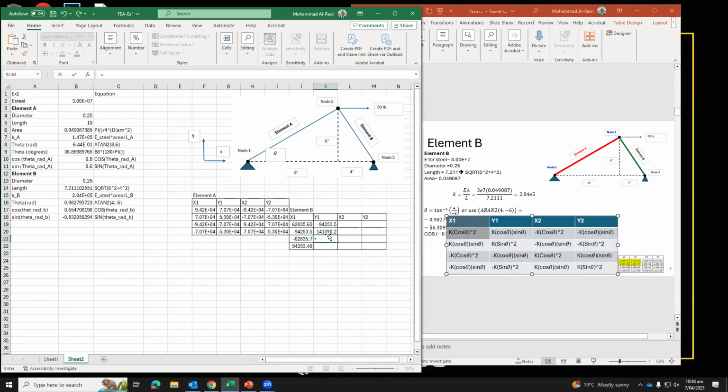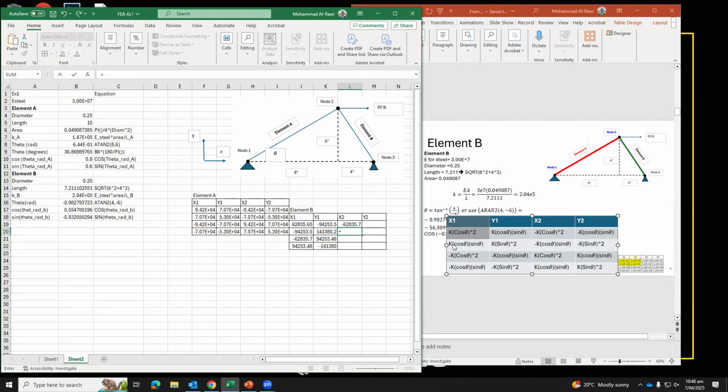And now K cosine sine theta, which is similar to this one, times minus 1. And then this is minus K sine theta square, so it would be this we calculated times minus 1. So these are the same, it's just the sign.